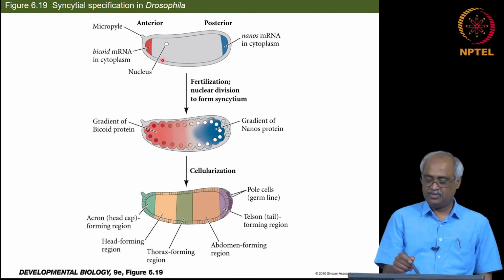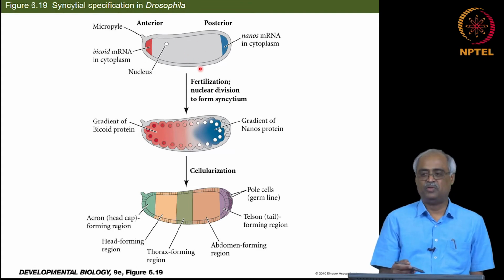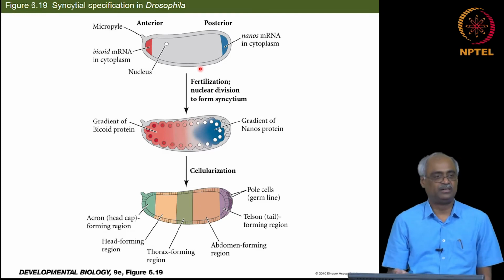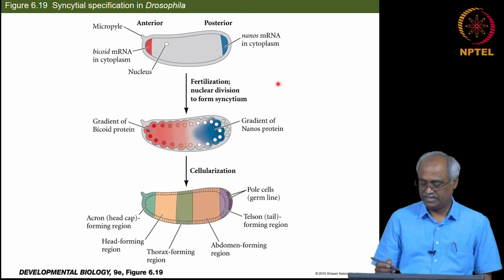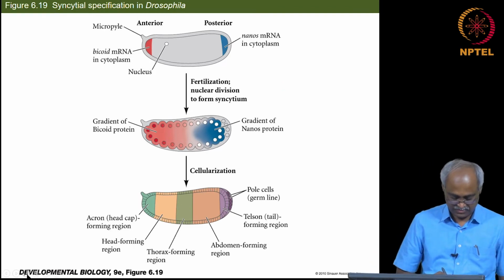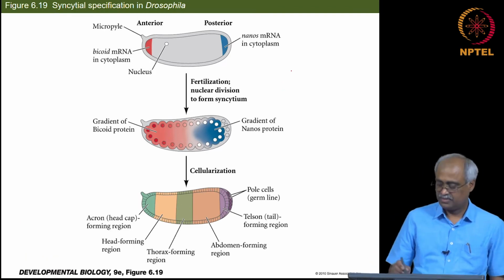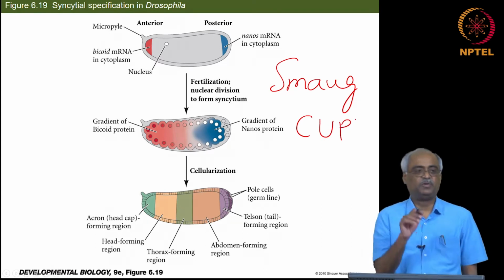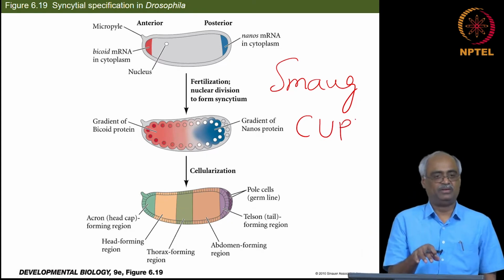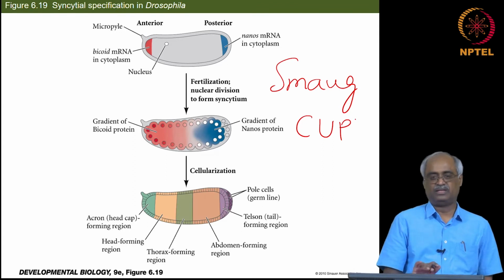And the nanos in the bulk cytoplasm is bound by proteins like Smaug and another one called Cup. These names are not going to come up, but all of these are there in the book. So these proteins bind to the nanos 3' UTR and prevent its translation in the bulk cytoplasm.